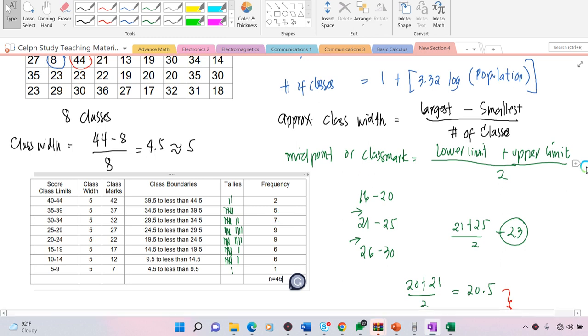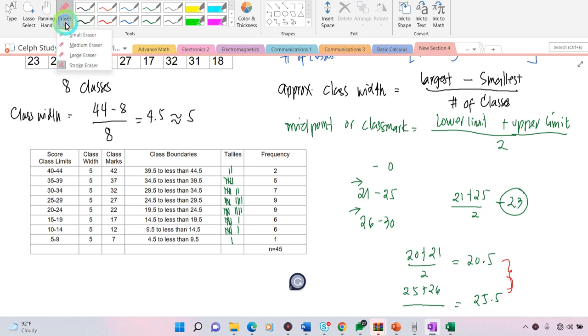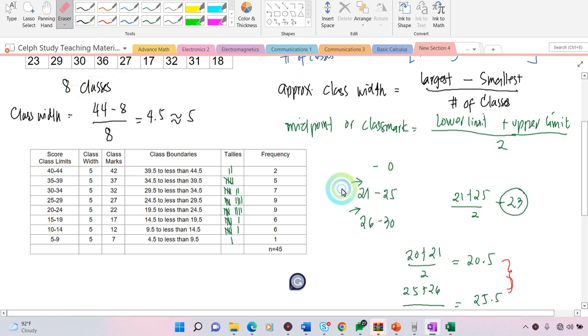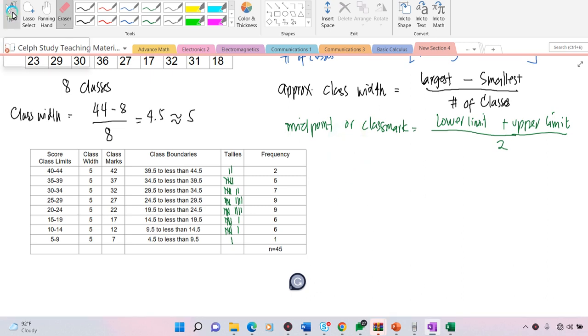Next, another term related to this. It uses the values we solved earlier, the values we have considered. So we still have your relative frequency and percentage distribution for our numerical data. It does not disappear from our frequency distribution. So that means we have to add some specific values here.